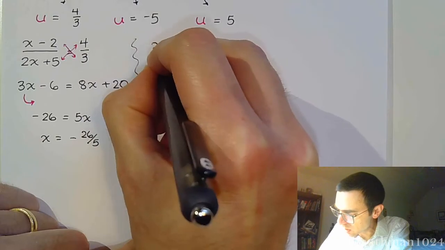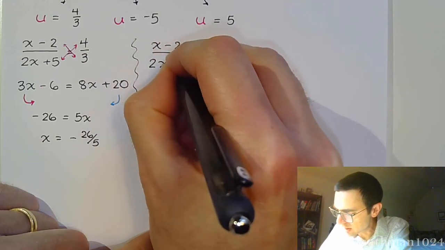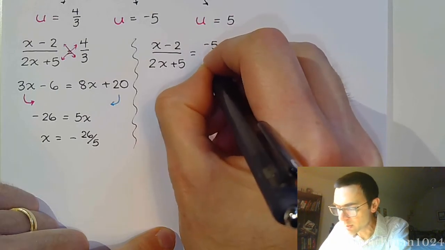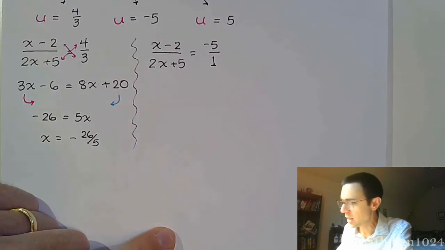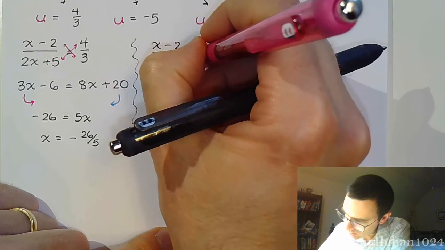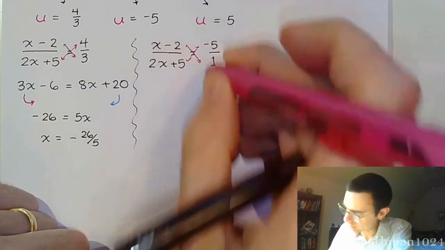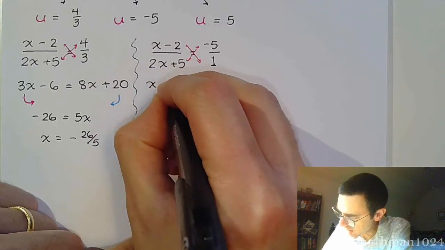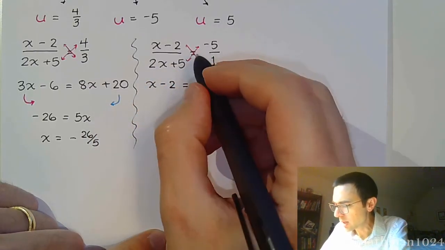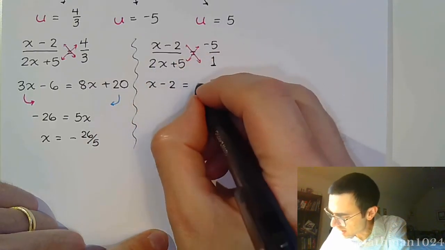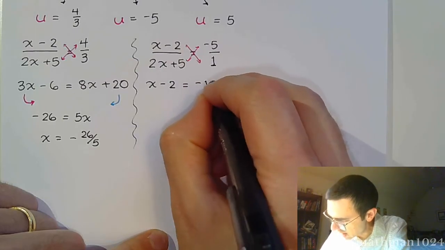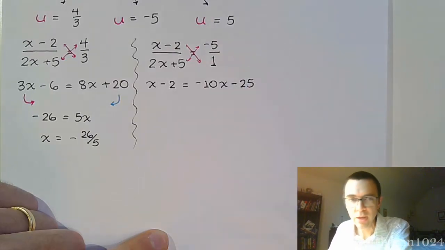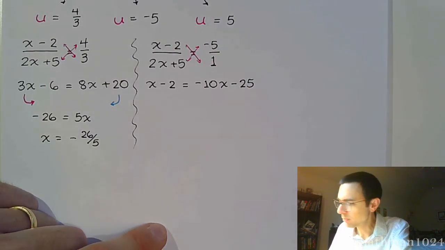X minus 2 over 2x plus 5 is equal to, let's say this is negative 5 over 1, just to make it easier. Set those cross products equal. 1 times x minus 2, that's easy enough, equals negative 5 times 2x plus 5, negative 10x minus 24.